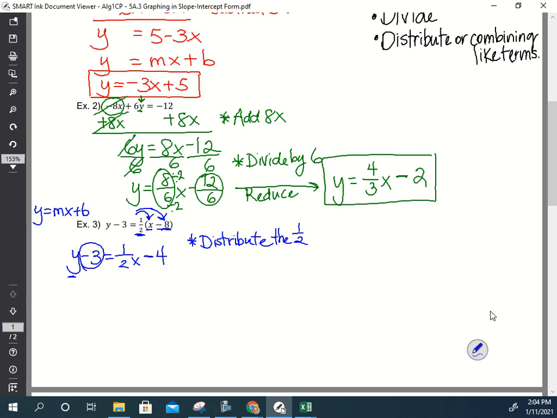We got that minus 3 sitting there. So we're going to add 3. Can I add 3 to 1/2 x? No, because those are not like terms. And I can add 3 to the negative 4.